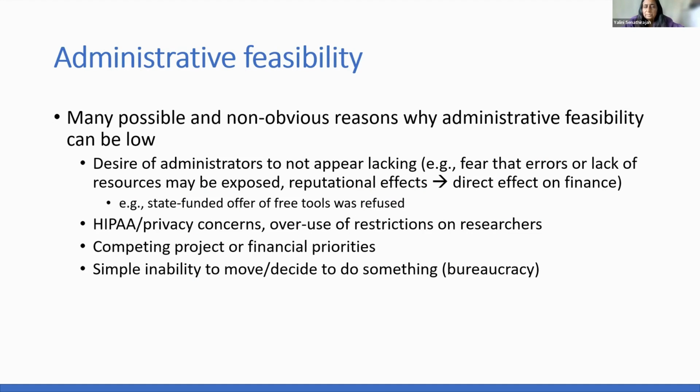There can be concerns about HIPAA and privacy and perhaps overuse of restrictions on researchers. They may just have competing project or financial priorities and feel that manual aggregation is fine. And also just bureaucracies. This is a state-funded hospital and therefore has many rules and regulations which are not necessarily waived during emergencies.